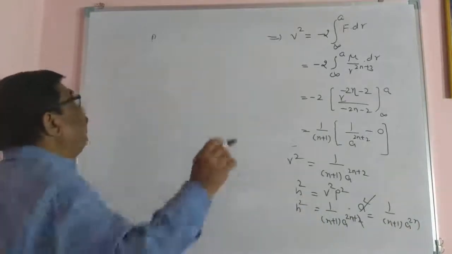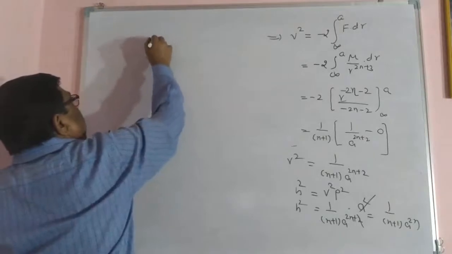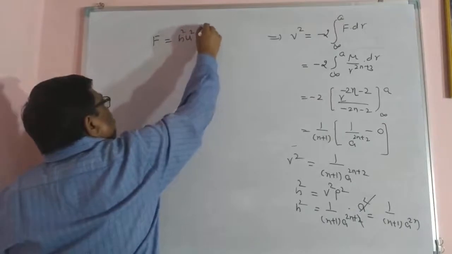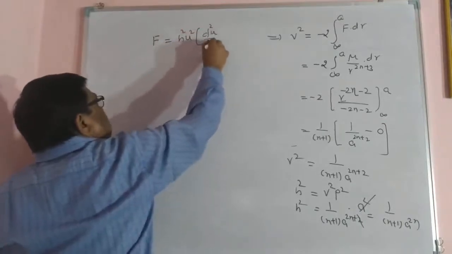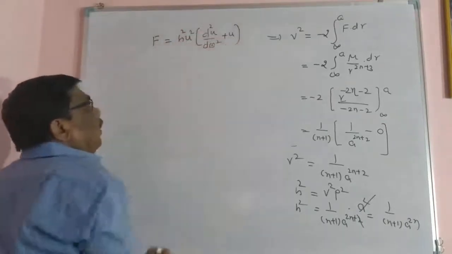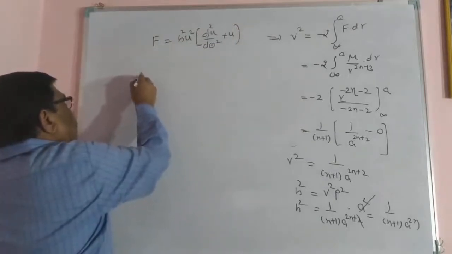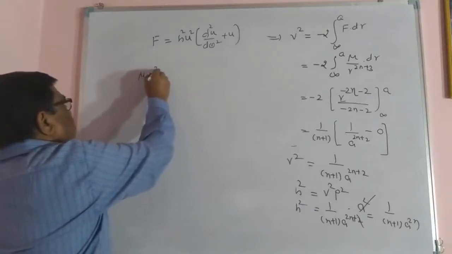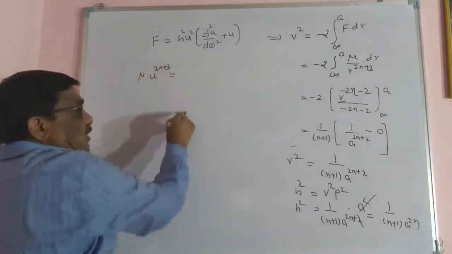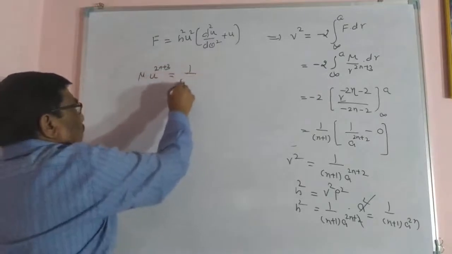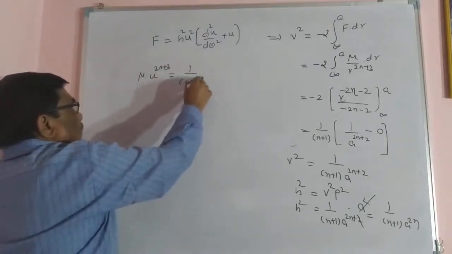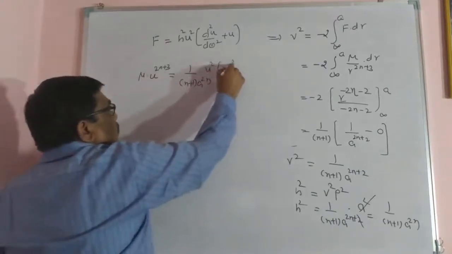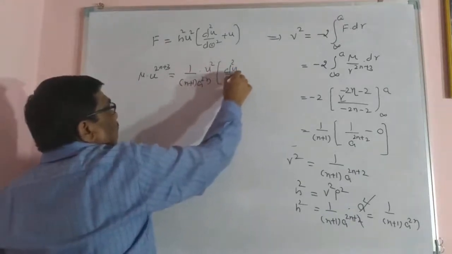Use the formula f equal to h square u square into (d square u by d theta square plus u). F value is given, it is mu divided by r raised to 2n plus 3, means u raised to 2n plus 3. h square value 1 upon n plus 1 into a raised to 2n, u square as it is, d square u by d theta square plus u.